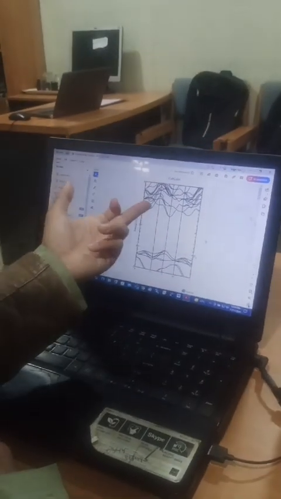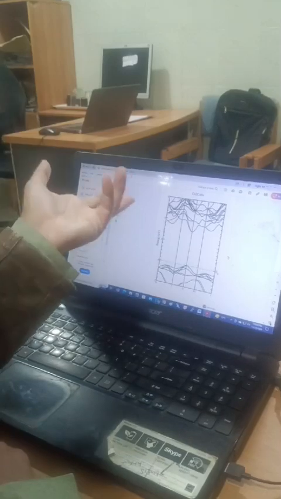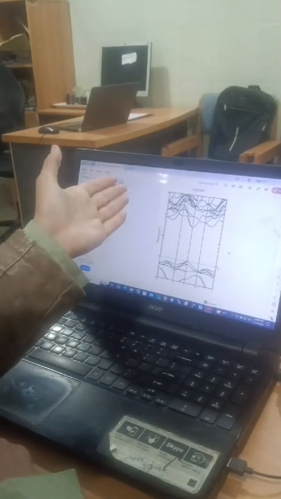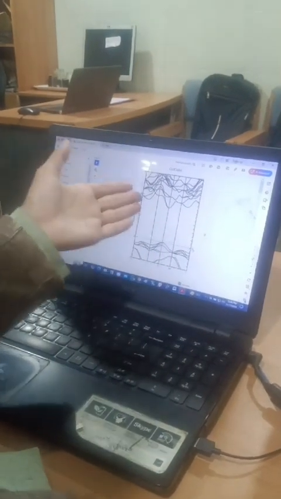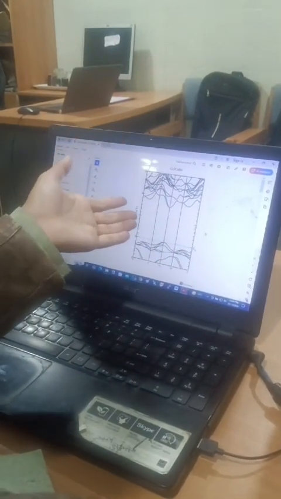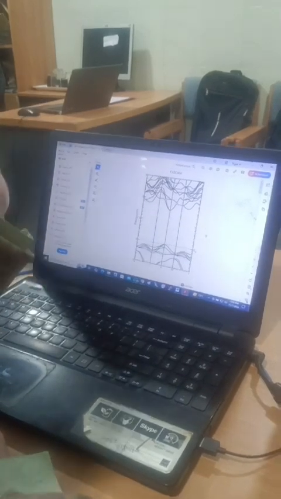Above the Fermi level, these electrons are known as conduction electrons, and they are not bound in the field of the nucleus. We can say these conduction electrons are free from the field of the nucleus.